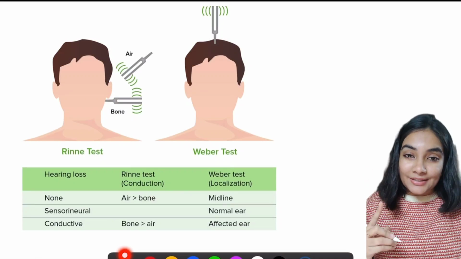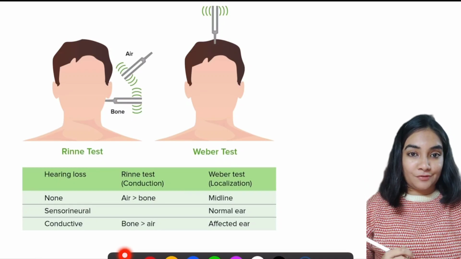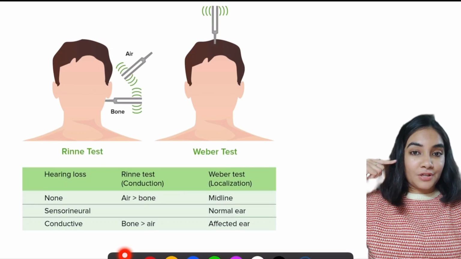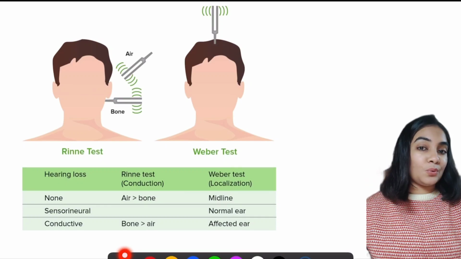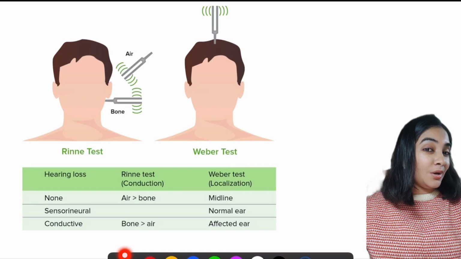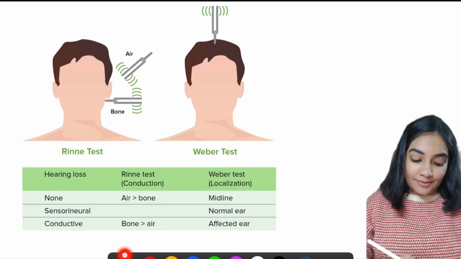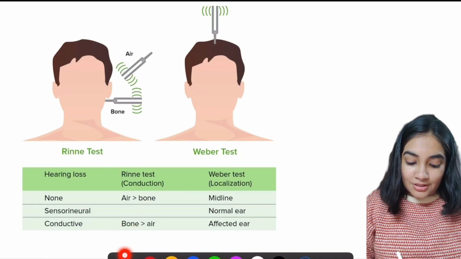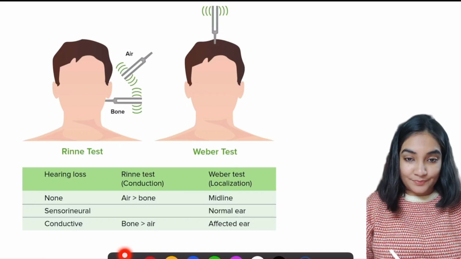But in conductive hearing loss, in conductive deafness, this conduction of air is impaired. So you can only hear what is there through bone conduction. That means bone conduction is more than air conduction.